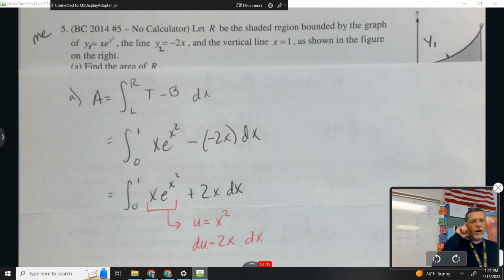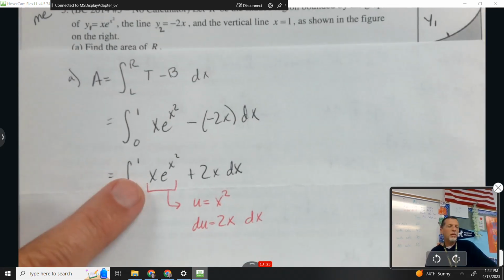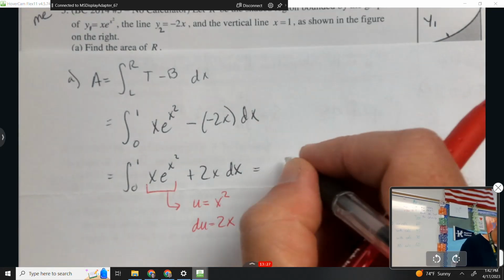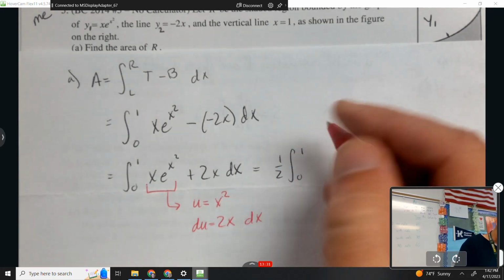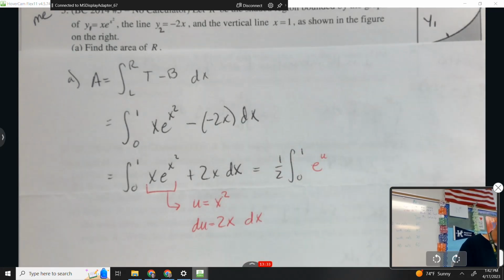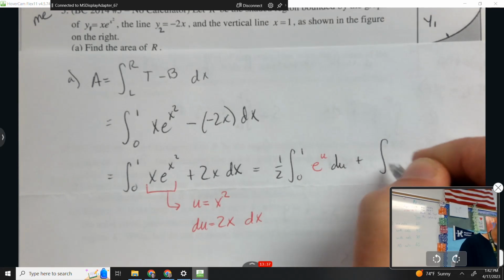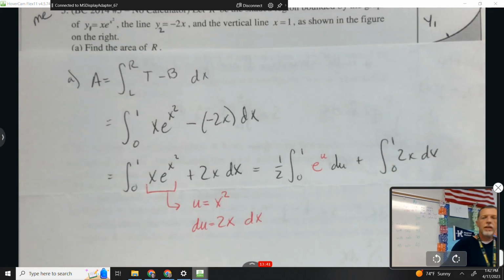Careful on putting the 1/2 out front, because I don't want the 1/2 to go to everybody. So I'm going to go ahead and split this up. 1/2 integral of e to the u du plus the integral from 0 to 1 of 2x dx.